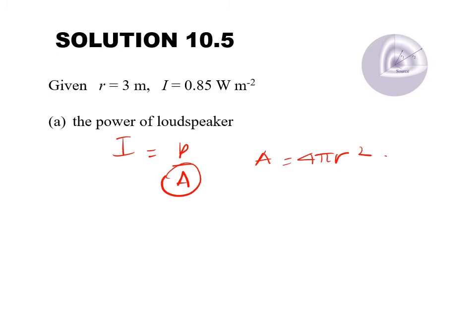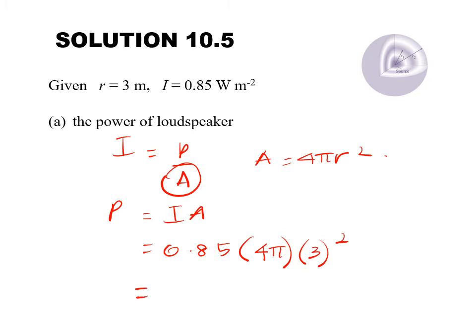So P itself is equal to IA. I given is 0.85 times area 4 pi times 3, our radius is 3, squared. So you will get 96.13 watts. Okay, watts, this is the unit.